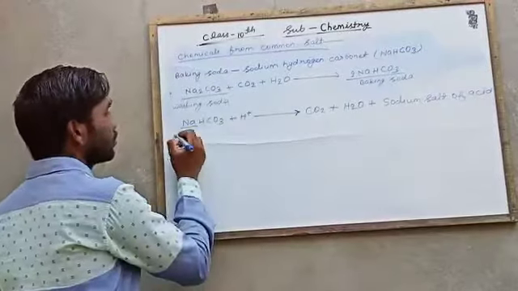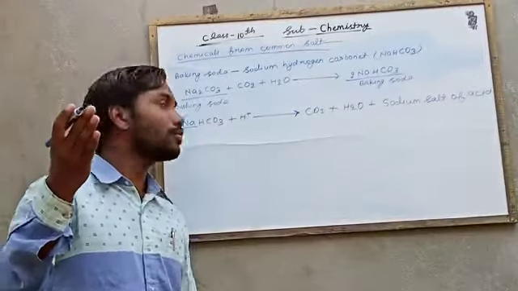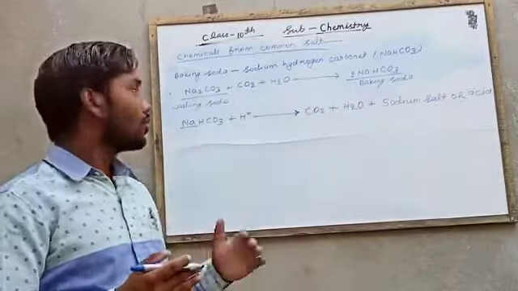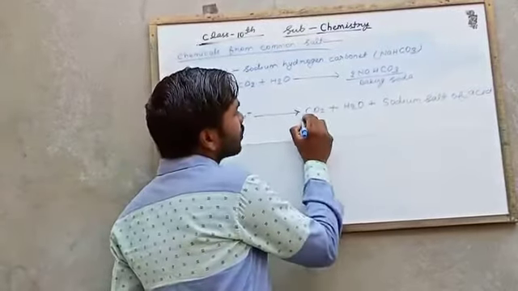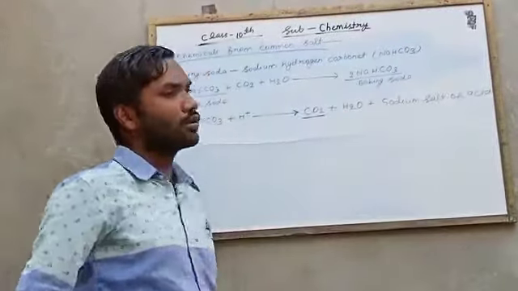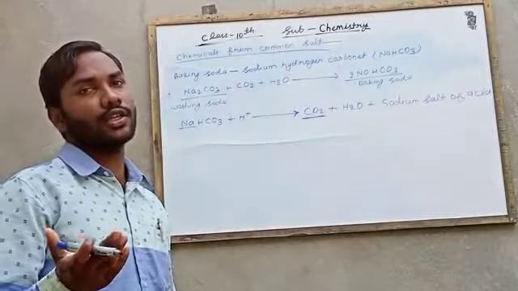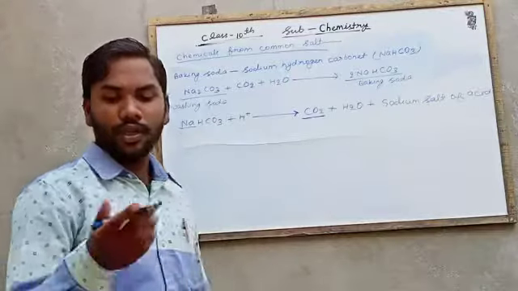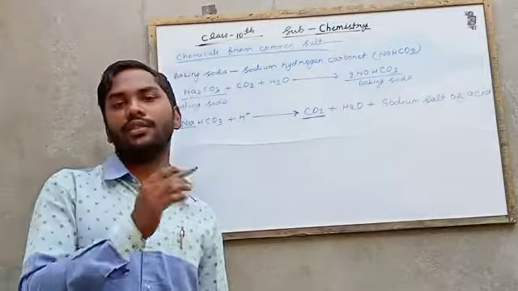Uses: sodium hydrogen carbonate or baking soda is used to make baking powder. The carbon dioxide gas produced makes the dough spongy and soft. It is an important ingredient of antacids.